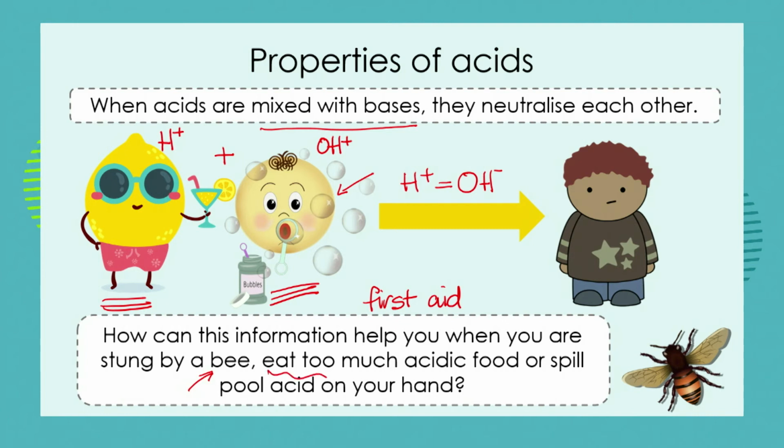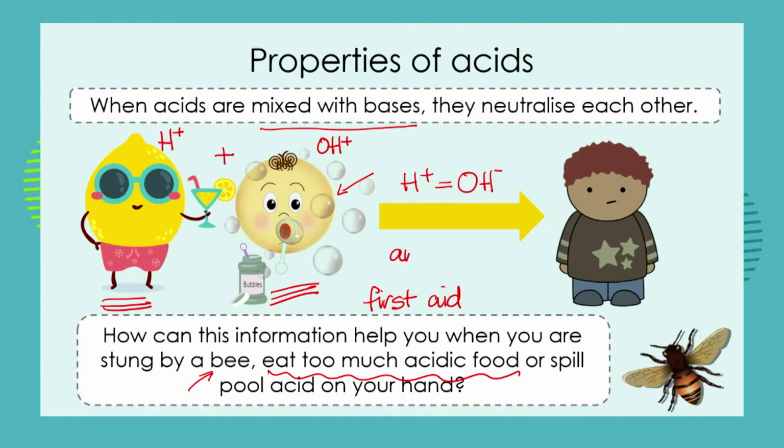What if you eat too much acidic food? What should you do? Well, drinking something or taking a medication called an antacid, meaning opposite to acid, is going to help you and your stomach lining recover from the extra acidity.